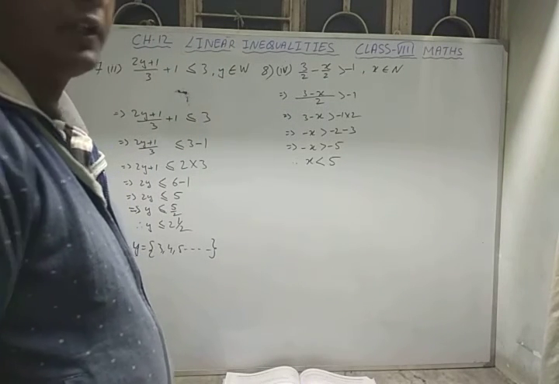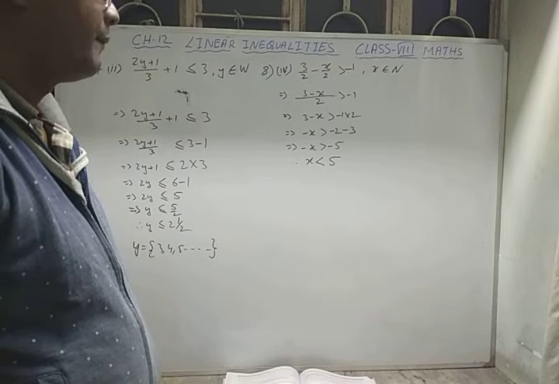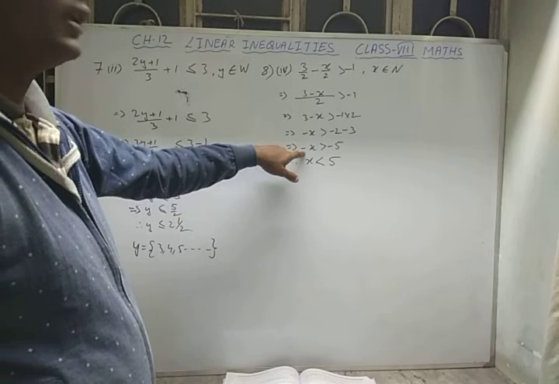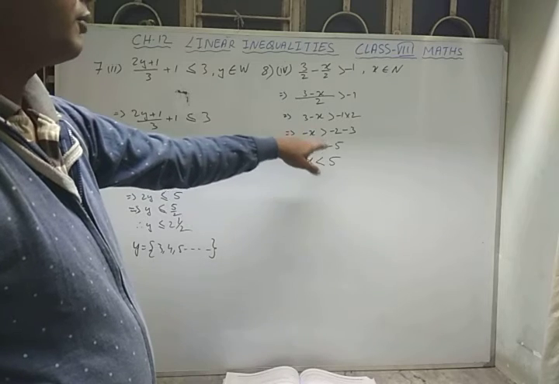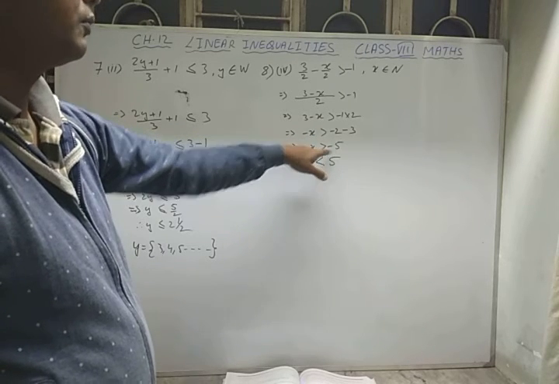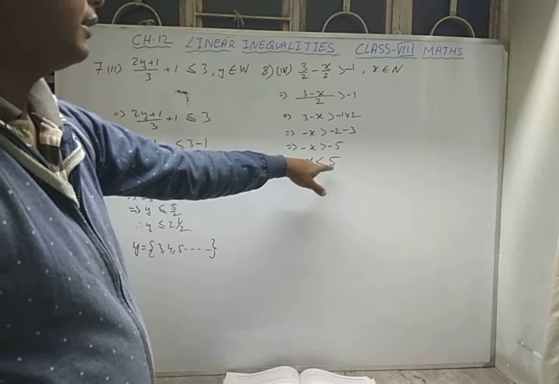This is another important point that we have to remember while doing linear inequations. Whenever you see x is negative, you have to make it positive and change the sign between the two sides.